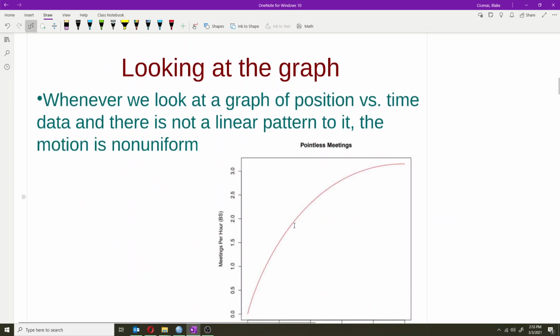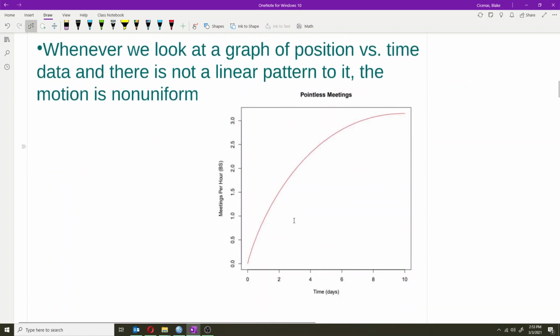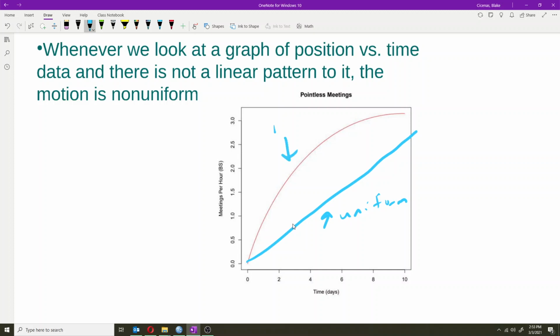So if you look at a graph of position over time, and there's a nonlinear path to the motion, it is not uniform. If this were uniform, in meters per hour versus days, it would be a straight line. That's uniform. But if it's curved, it's going to be non-uniform motion.